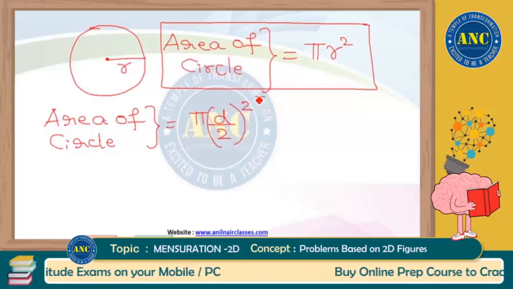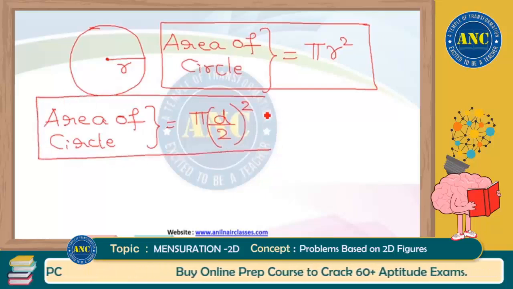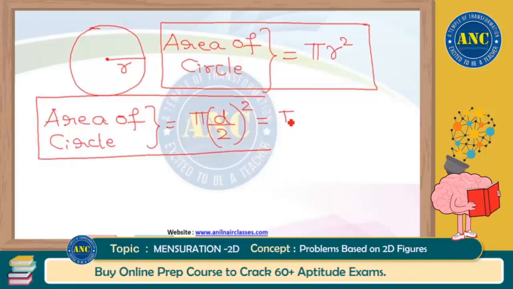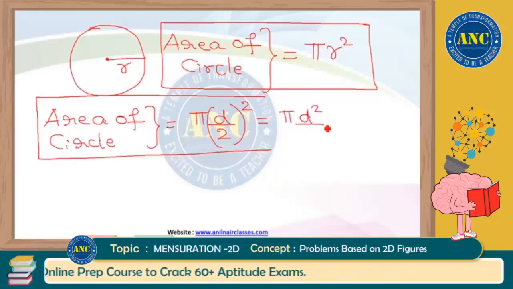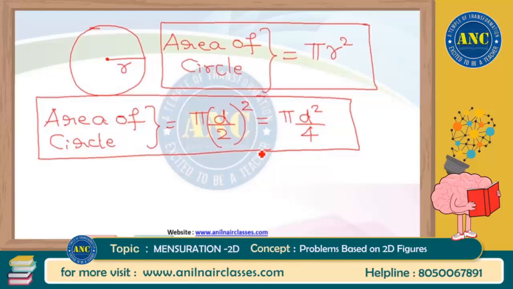So it is pi into d by 2 whole square, or in simple language pi d square by 4. Pi d square by 4 is the area of the circle in terms of its diameter. In terms of radius, which we are already aware of, the area of the circle is pi r square.